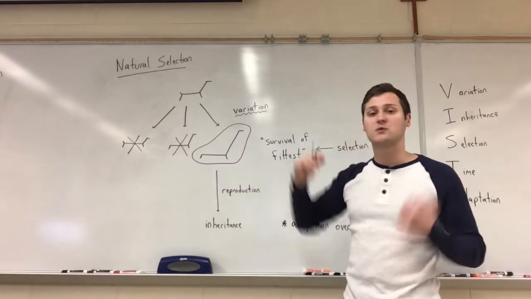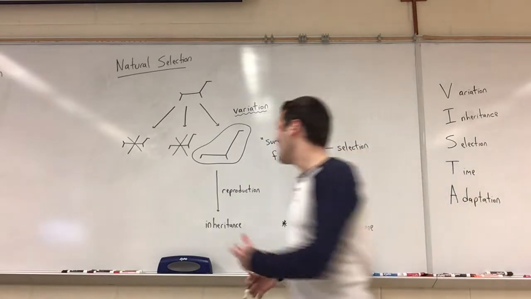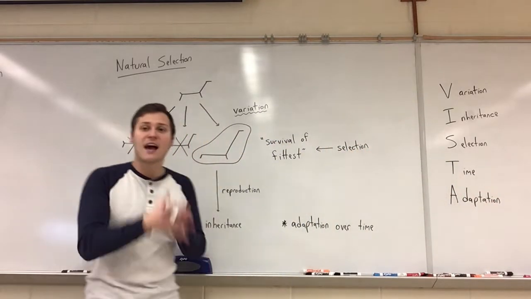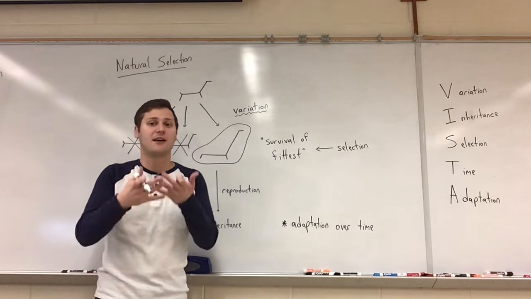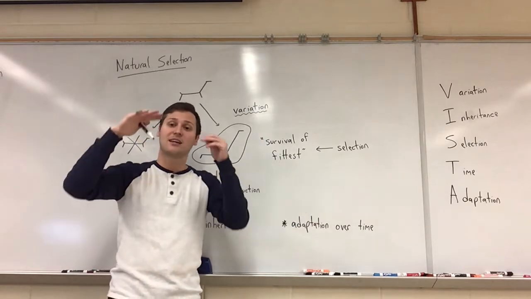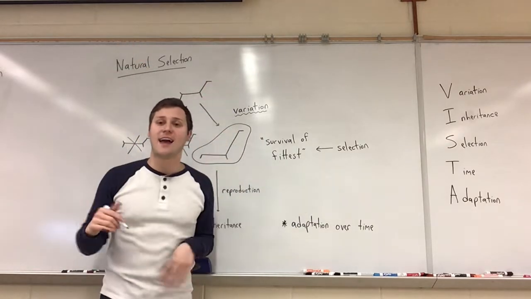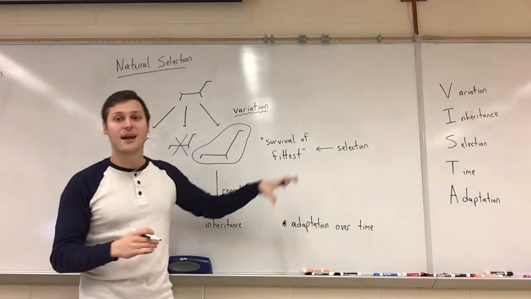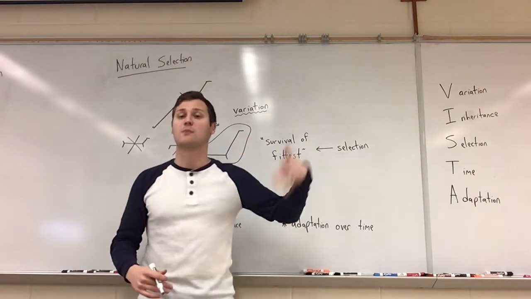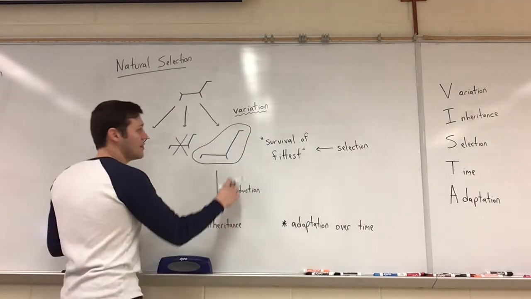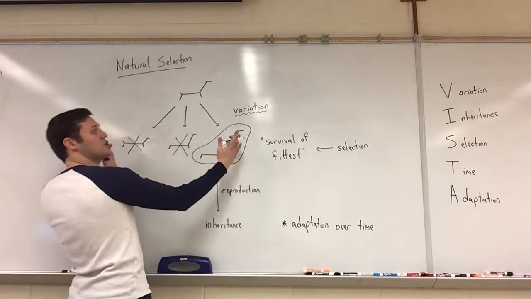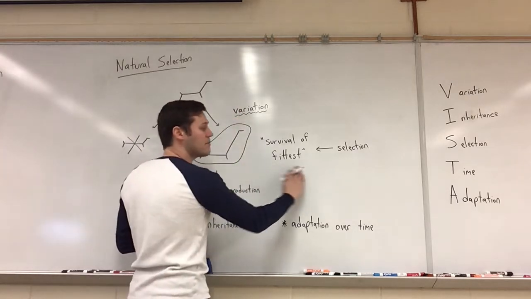So these giraffes with the longer necks survive, they reproduce, and now they have a bunch of offspring that have different size necks, but they gradually are getting longer on average. And the longest of the necks will keep on surviving and reproducing. So there's variation in natural selection. There's survival of the fittest.